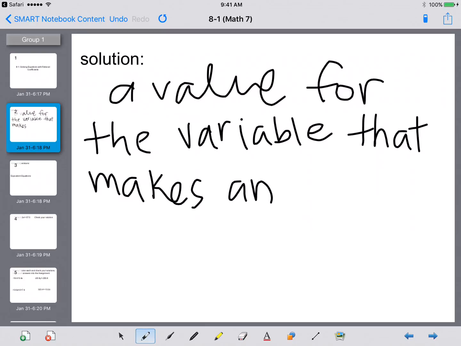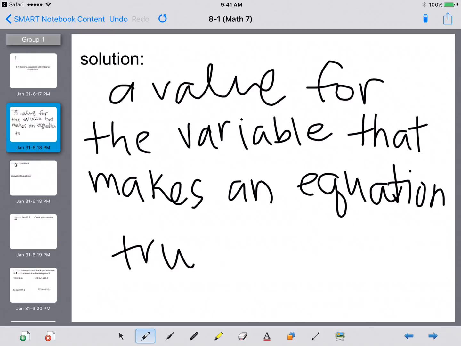So it's whatever x is that makes x plus 4 equals 6. Makes an equation true. So a solution is how you solve the problem.